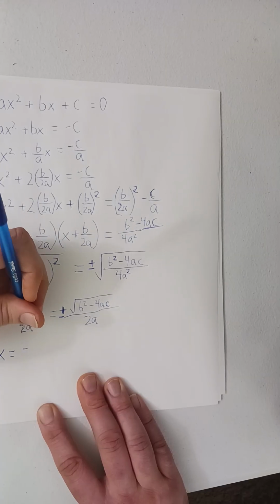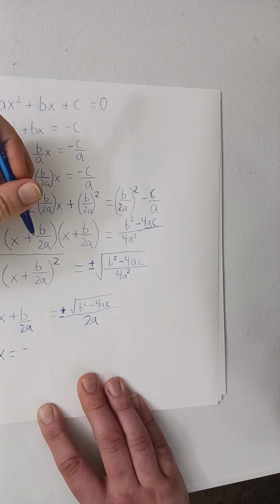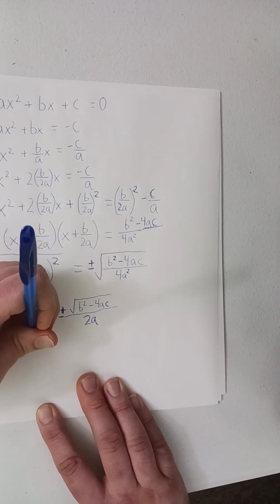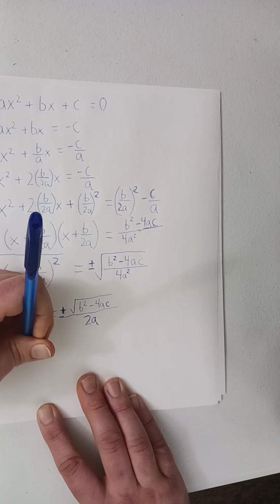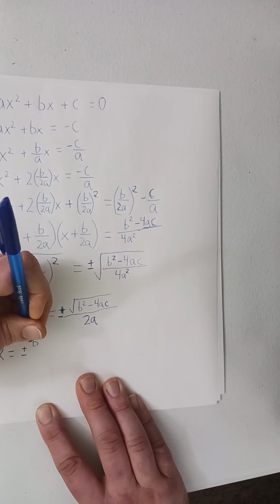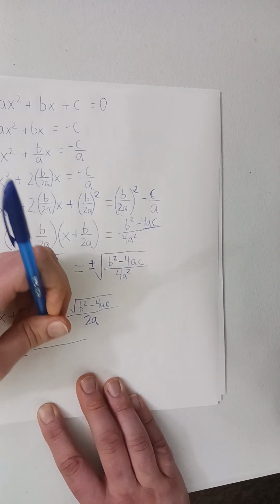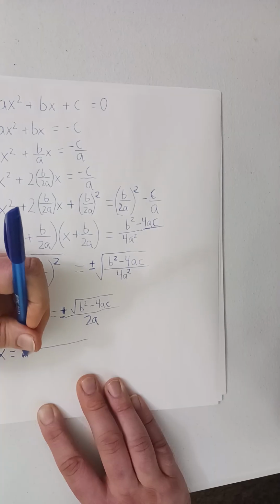We have 2a here, and we have 2a here now, which is really convenient, right? So now we have negative b. Actually, let's go plus or minus. And then we have negative b. I'm sorry, forget the plus or minus.